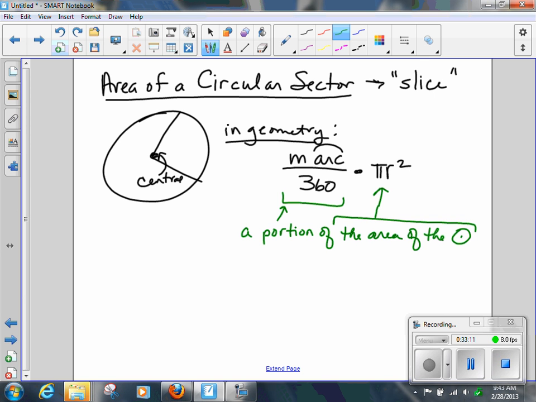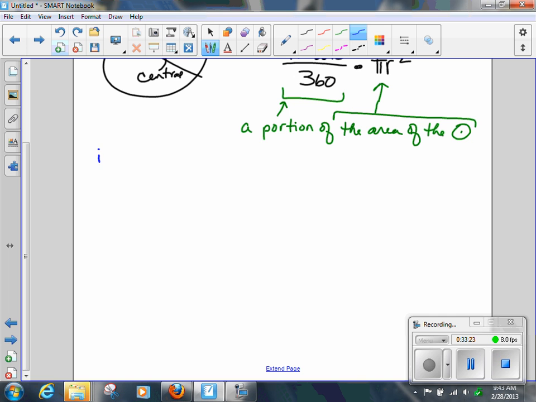Now, in geometry, that's what we learned. And we did those problems very quickly at the end of the year because we don't get to work on them a lot. But in trig, our central angle is now changed to what?